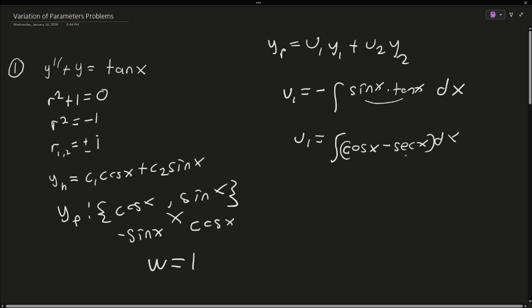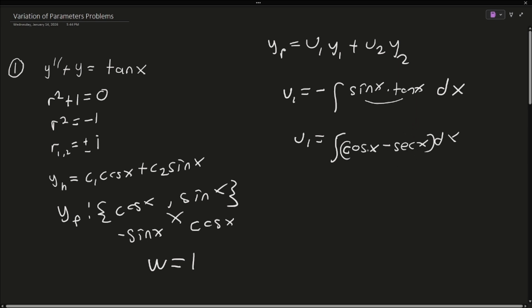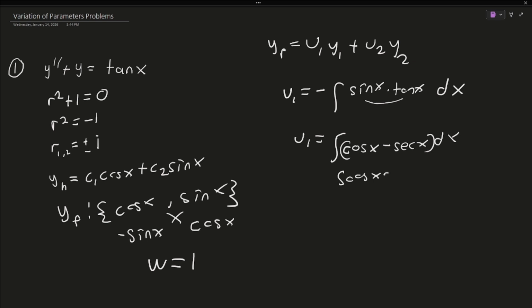It will help us really nicely to solve this u1. If we check this, we have a 1 over cosine here and a cosine. Cosine squared minus 1 is negative sine squared, so we do have the correct identity here. So I'm going to go ahead and separate this integral. We're going to have the integral of cosine x dx minus the integral of secant x dx.